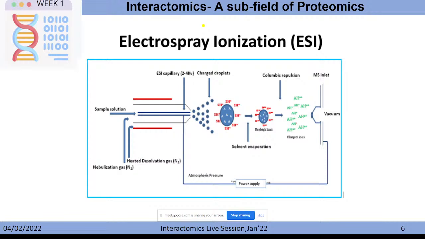Here, in the liquid sample solution, with the help of an electric source, it gives charged ions, and then in the presence of the vacuum it gets into the mass spectrometer for the different mass analyzers, where the ions are analyzed. So these are the two major techniques that have been used.